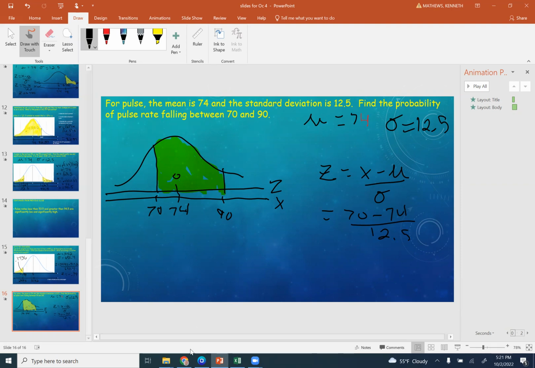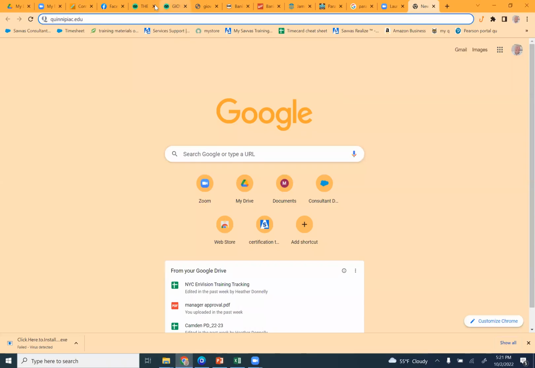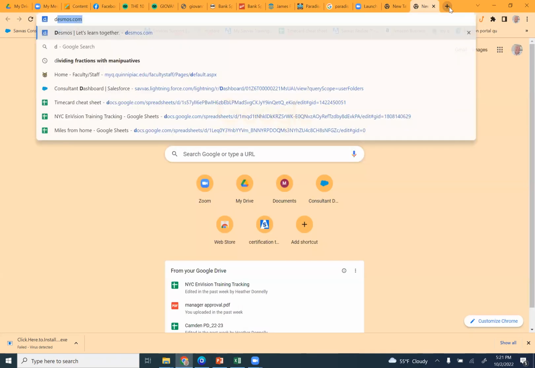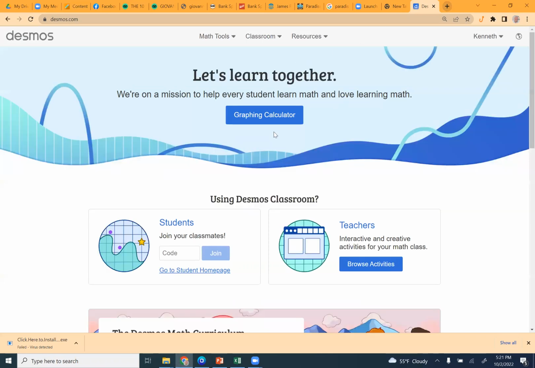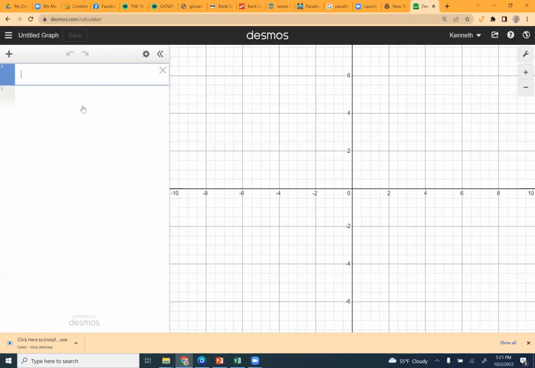Now I will go to Desmos. So I'll just do 70 minus 74 divided by 12.5. And we see that's negative 0.32.